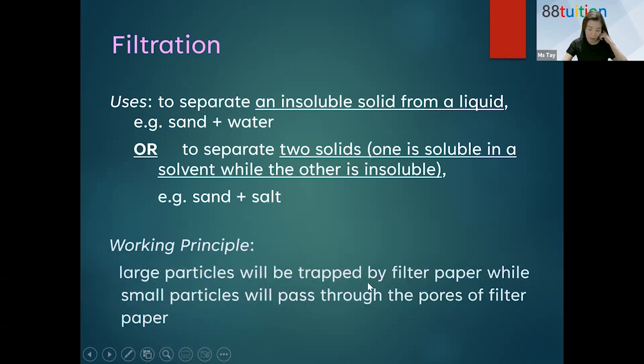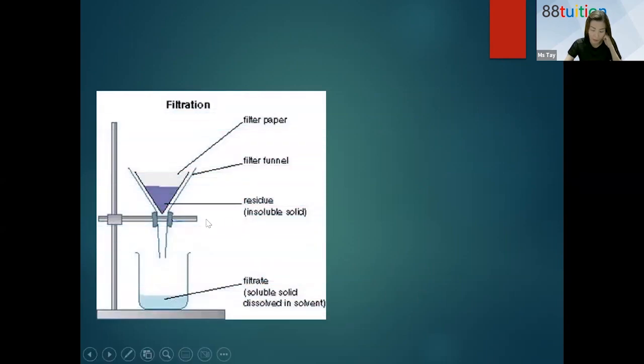Working principle: large particles do not pass through the filter paper, small particles pass through the filter paper. Very obvious, quite simple actually. So the sand cannot pass through and will be trapped in the filter paper. For example, this particular diagram shows the setup for filtration. We usually have our filter funnel.